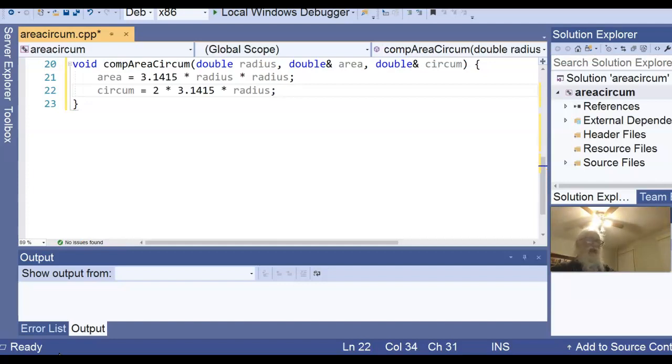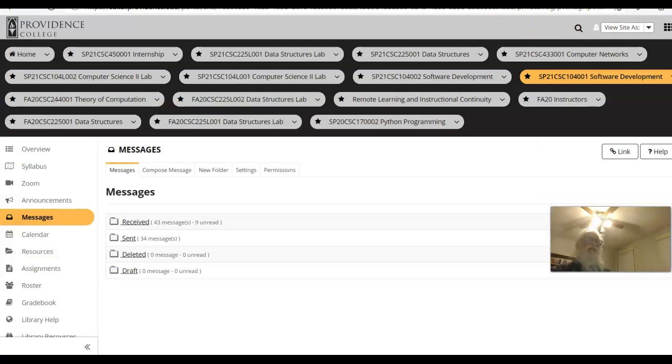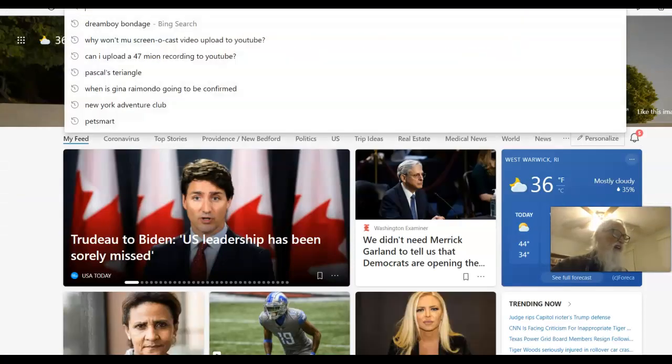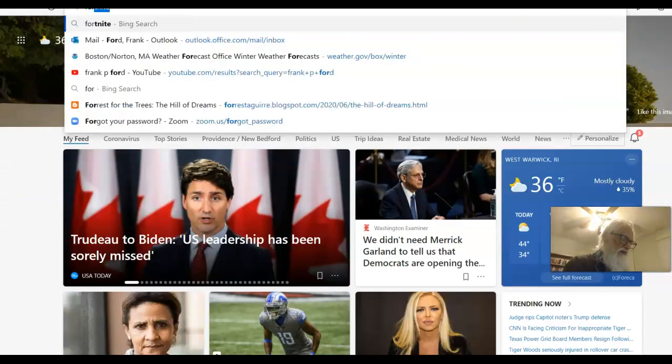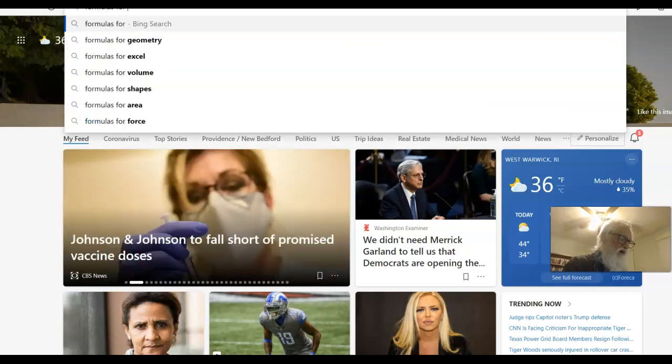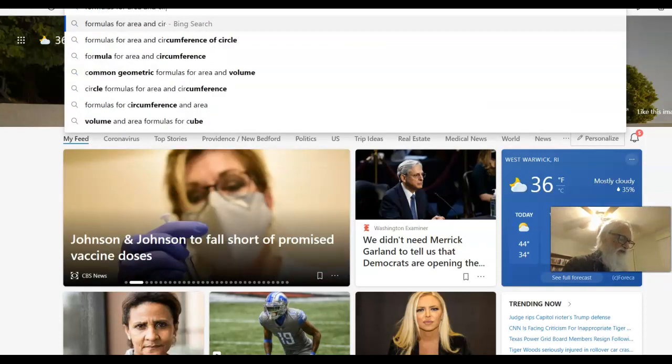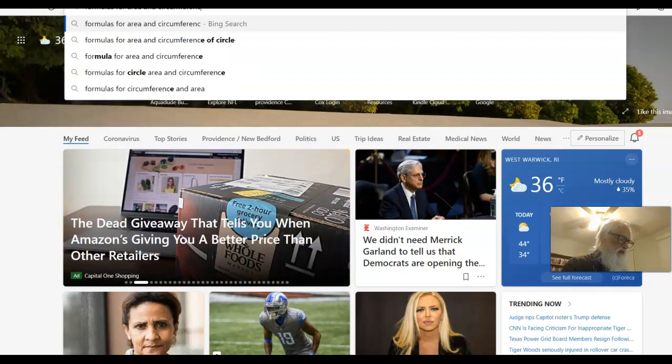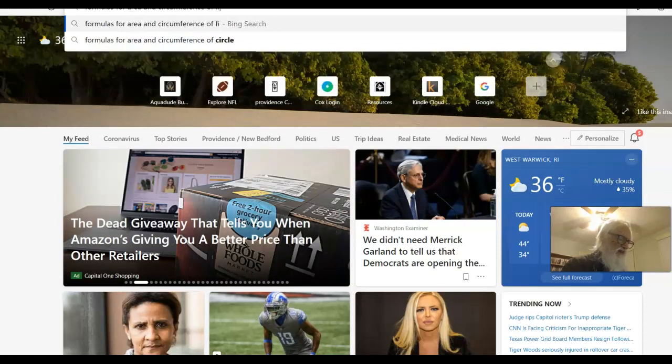Now, if you want to make sure of those formulas, if you're a little worried about them, you would go here and say something like formulas for area and circumference of figures.